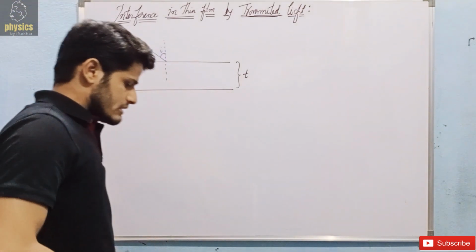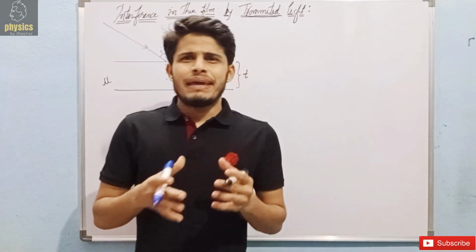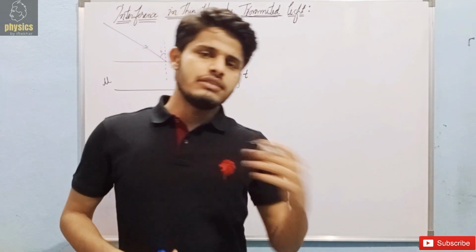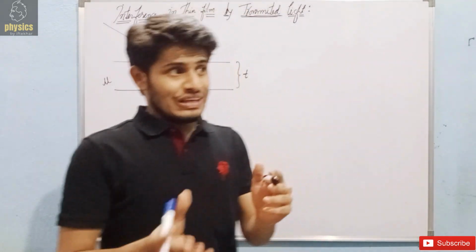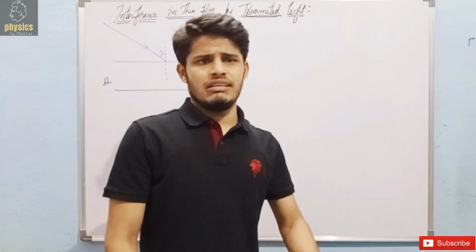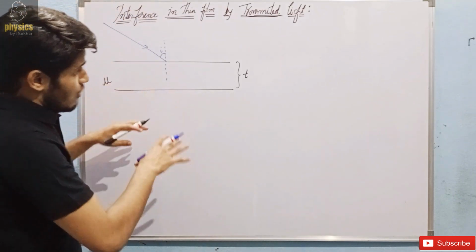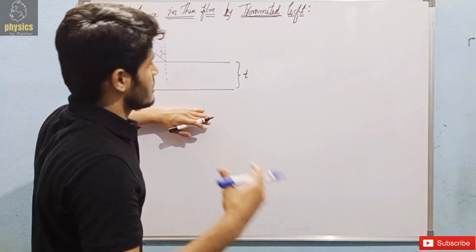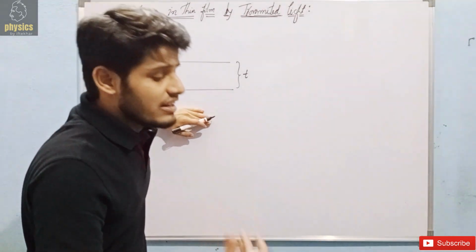In this lecture I won't be discussing all the basic stuff which I already discussed in the last video. So I won't be telling you that the ray will bend towards the normal or away from the normal, and Snell's law. Here I will just focus on how to get the conditions and the final result.